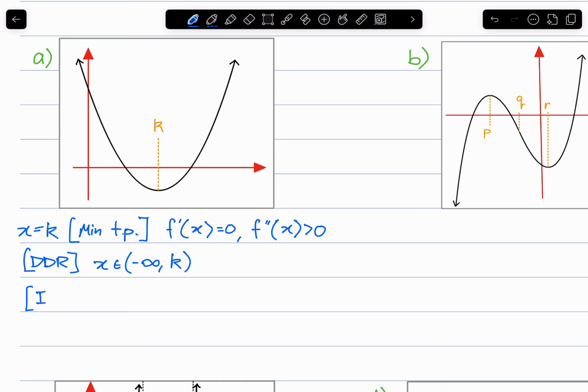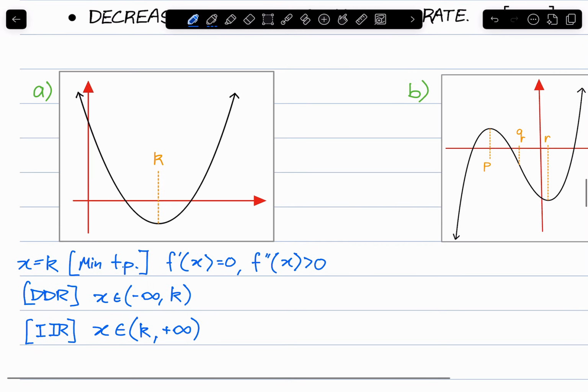Well, in this case, we can see that they're getting steeper, so the rate is increasing. So it is increasing at an increasing rate. And the domain for this one, x is a member of k up until positive infinity.